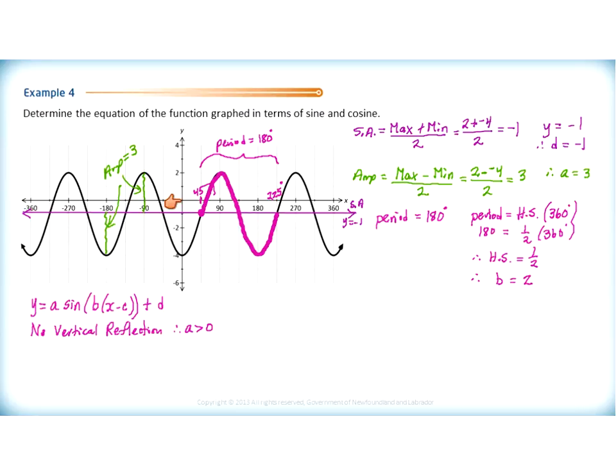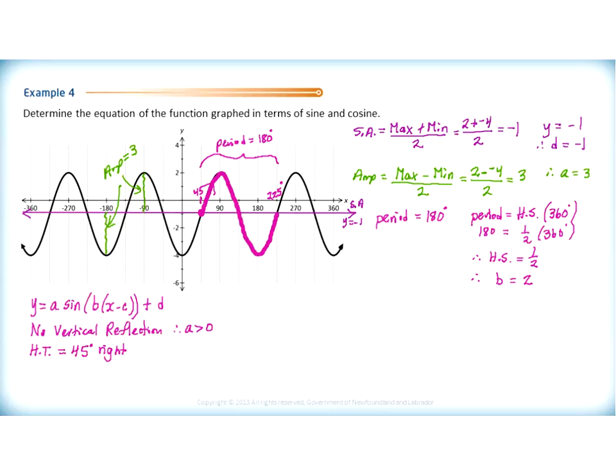Normally, the sine function begins when x is equal to 0. However, in this section of the graph, it begins when x is equal to 45 degrees. So here we have a horizontal translation or a phase shift equal to 45 degrees to the right.